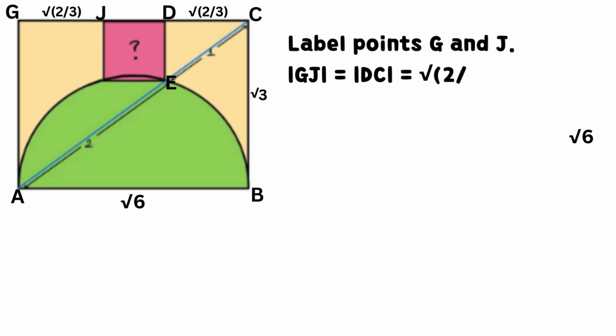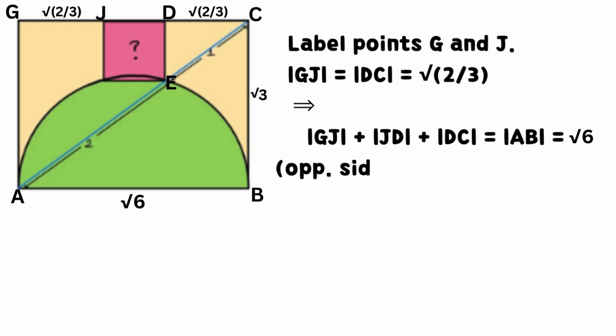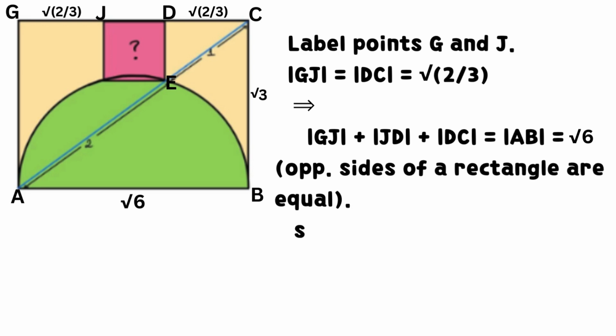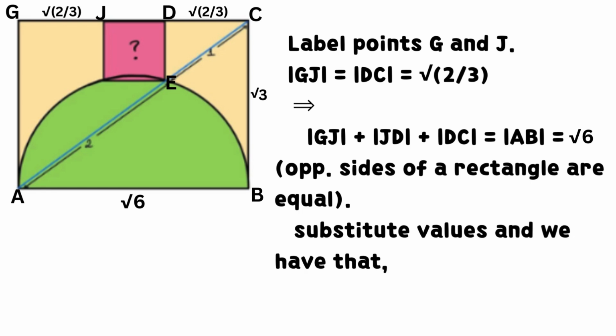Label points G and J. Line GJ equals line DC, which equals the square root of 2 divided by 3. It signifies that the sum of line GJ, line JD and line DC equals line AB. It is because the opposite side lengths of a rectangle are equal.